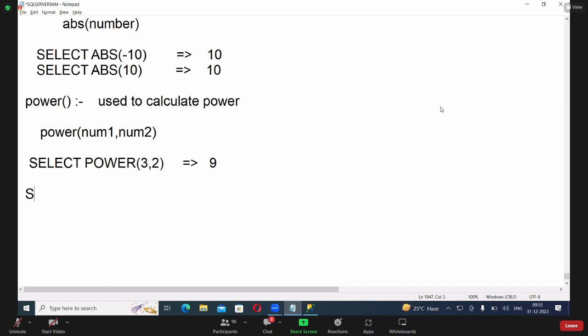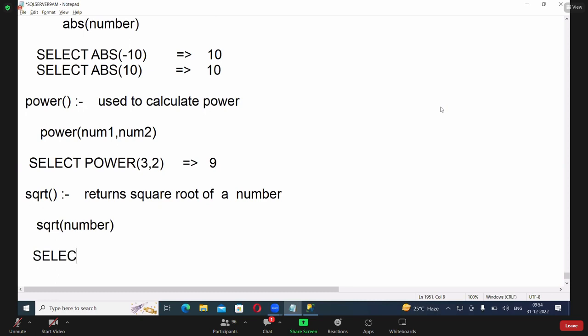Next, there is one called square root. It returns the square root of a number. Square root takes one number.